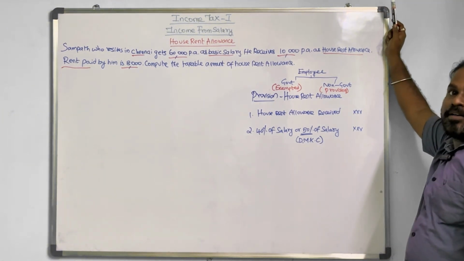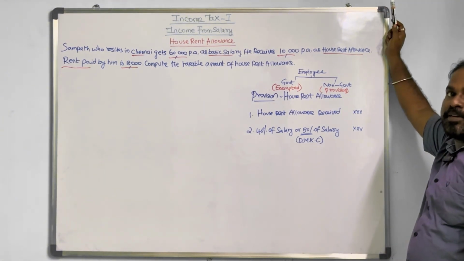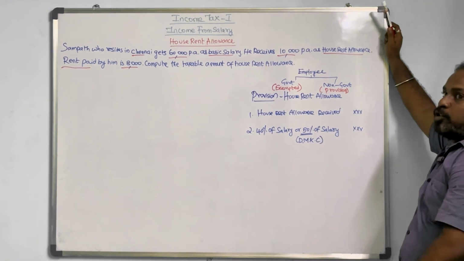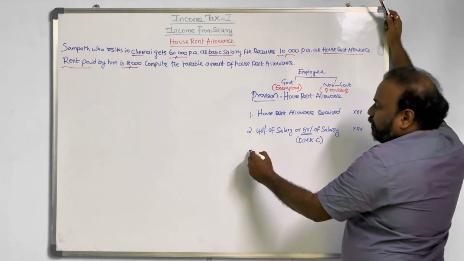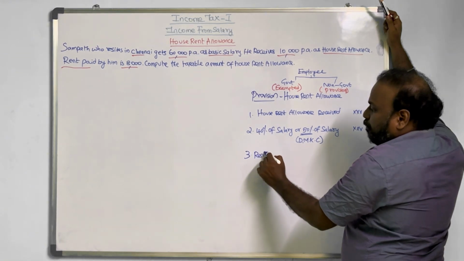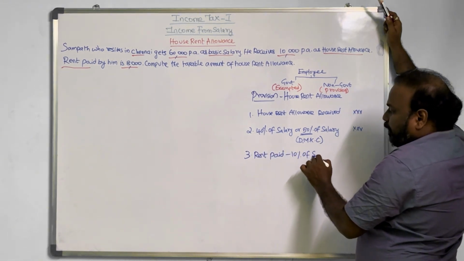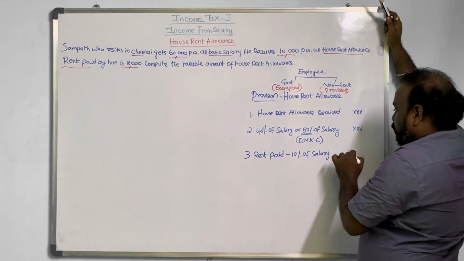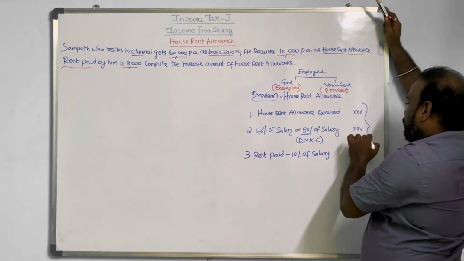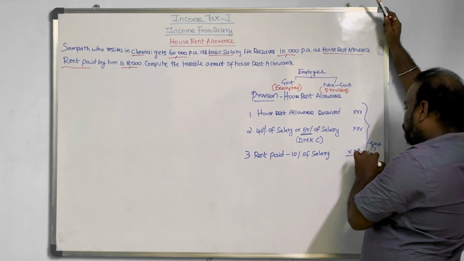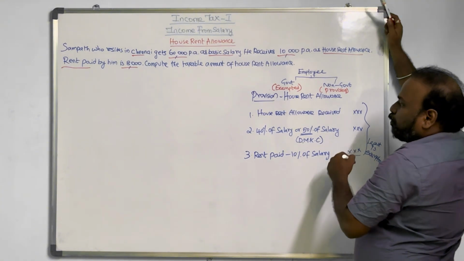These are all called metropolitan cities. If a person lives in a metropolitan city, 50% of salary is to be calculated. The third one is rent paid minus 10% of salary. From these, the least is exempted. The remaining amount is taxable.